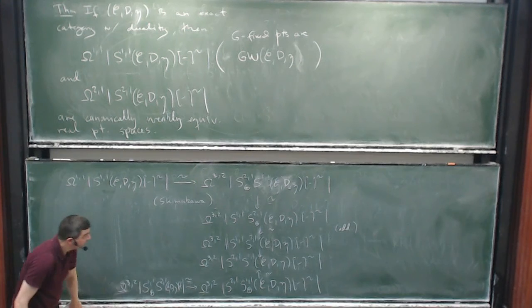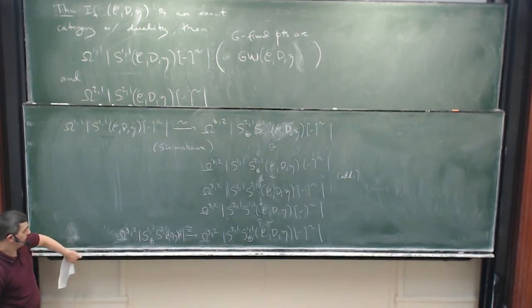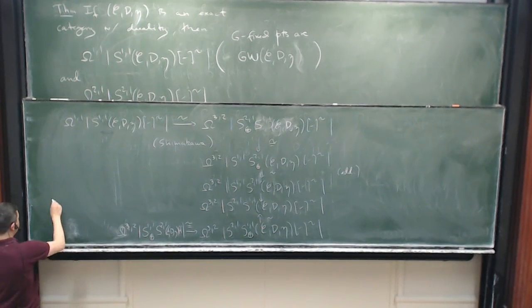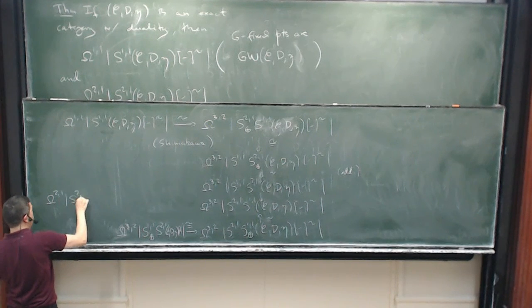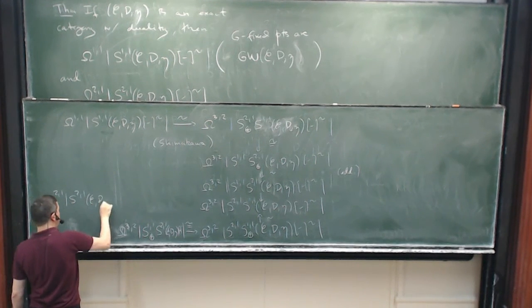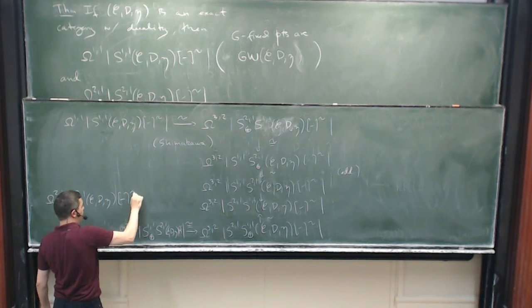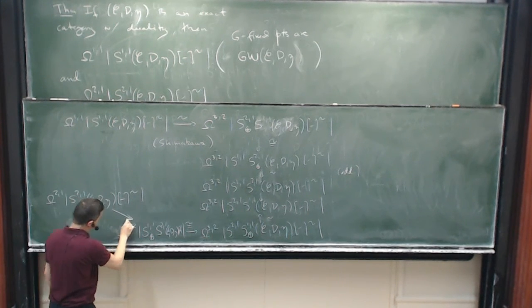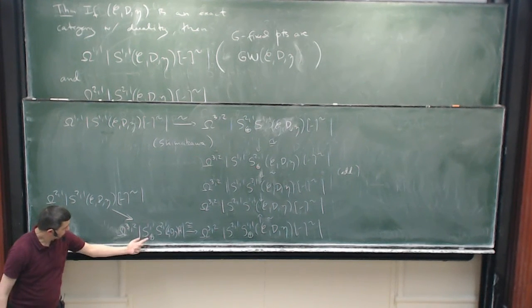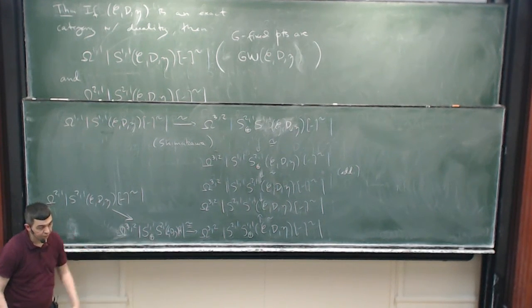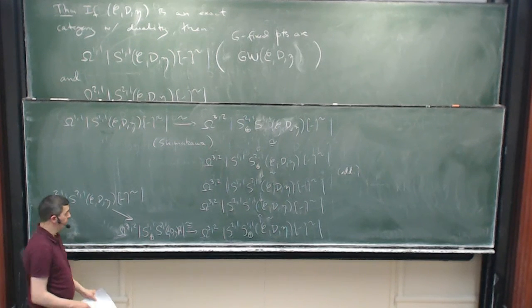Sorry. Like that. And then we can come to here from here. Why is this an equivalence? This is a theorem of Christian Moy, who analyzed what this S1 1 plus construction does on the level of homology.